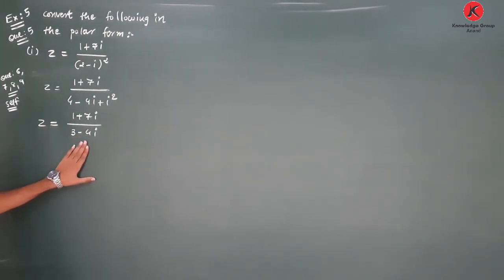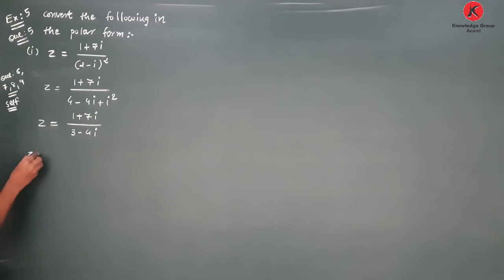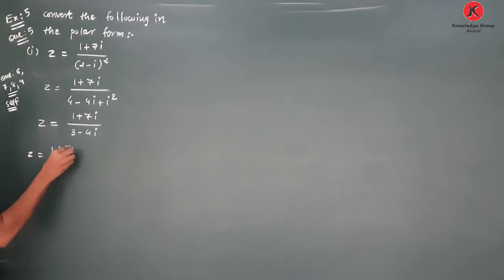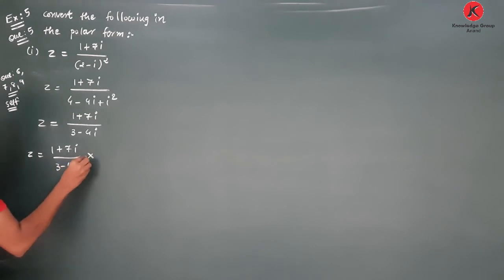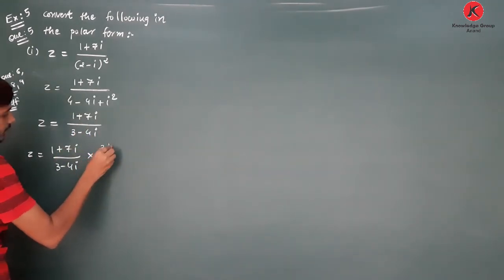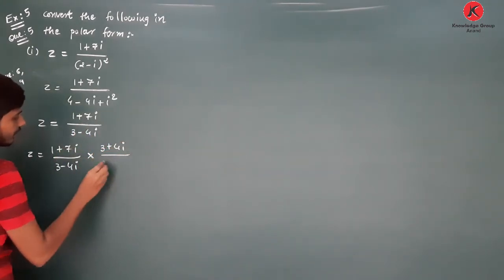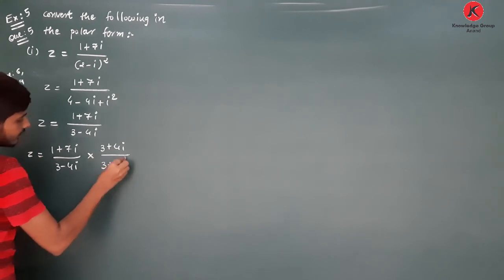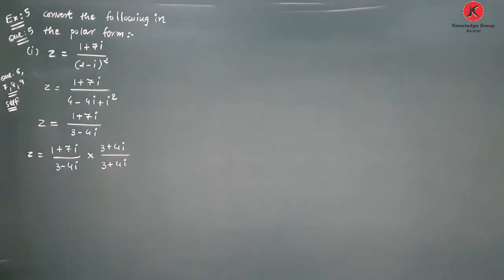Now we have to take the conjugate of the denominator. Multiply and divide by the conjugate of the denominator 3 minus 4i. The conjugate of 3 minus 4i is 3 plus 4i. Therefore, I am multiplying and dividing by 3 plus 4i.